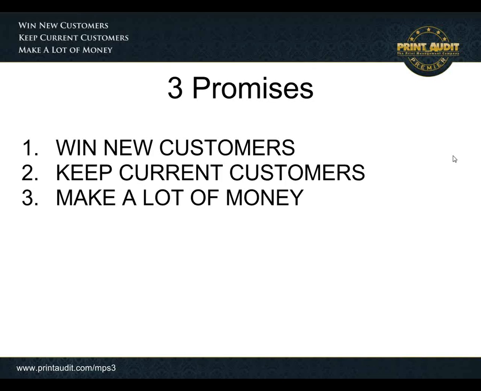The next piece of this is keeping current customers. We've done a lot of surveys over the last year, and we've determined that almost 80% of your customers that bought Print Audit 6 have been with us for the entire 10 years of the software, but they do tend to switch dealers.